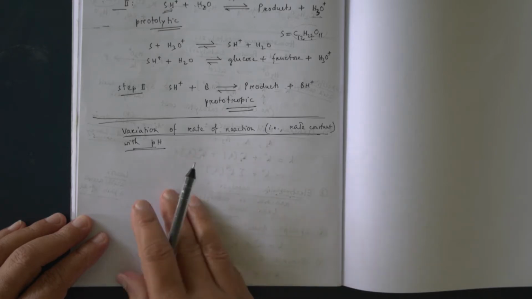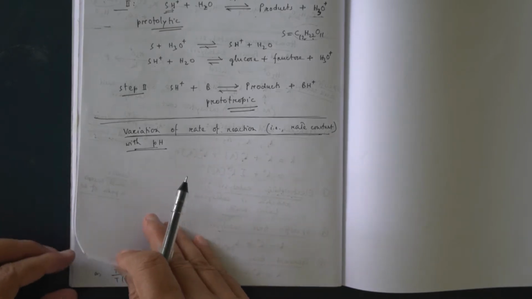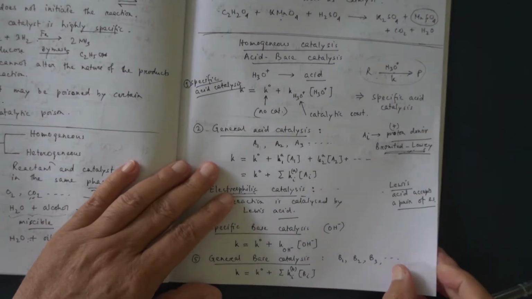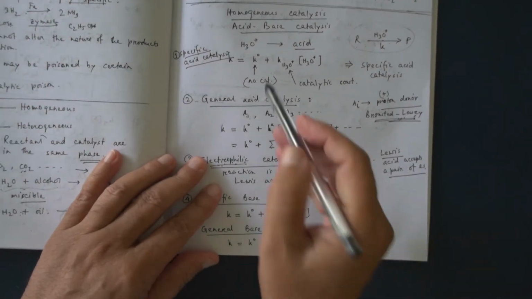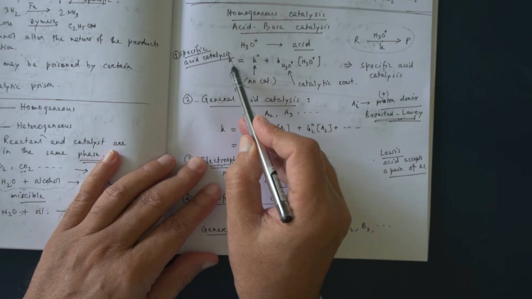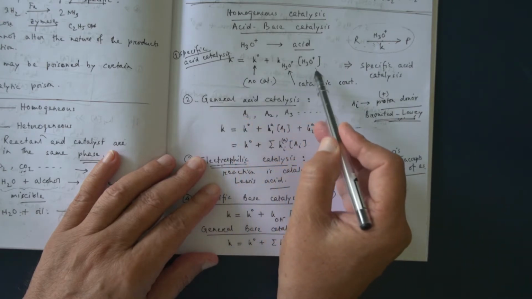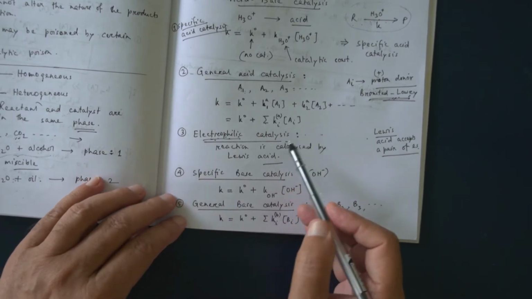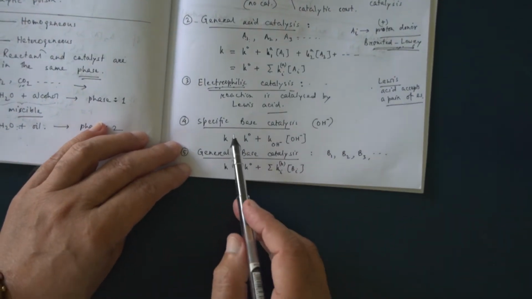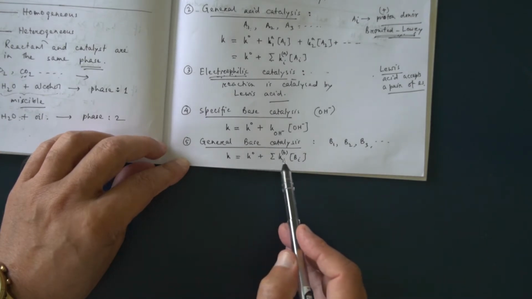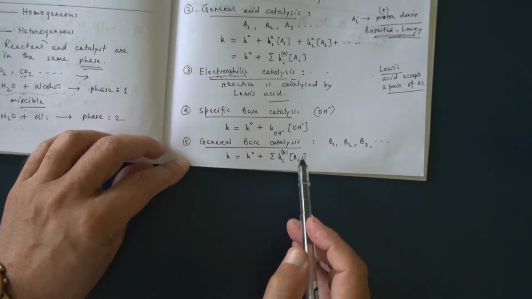Now, last time we have seen that the rate constant for specific acid catalysis is given by this, general acid catalysis is given by this, specific base catalysis is given by this, and general base catalysis is given by this.